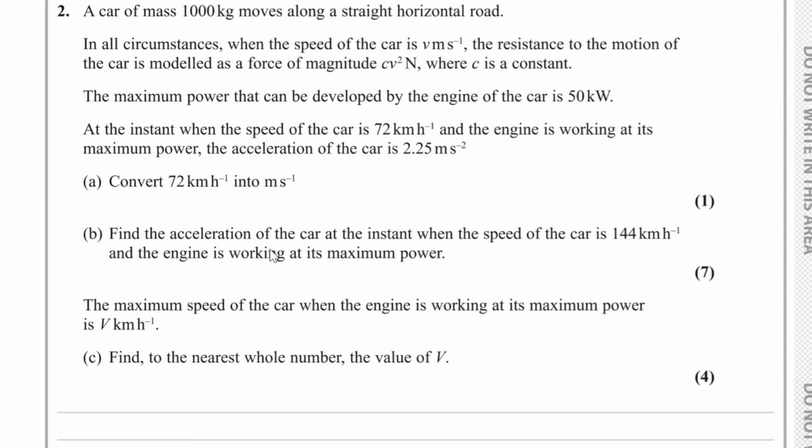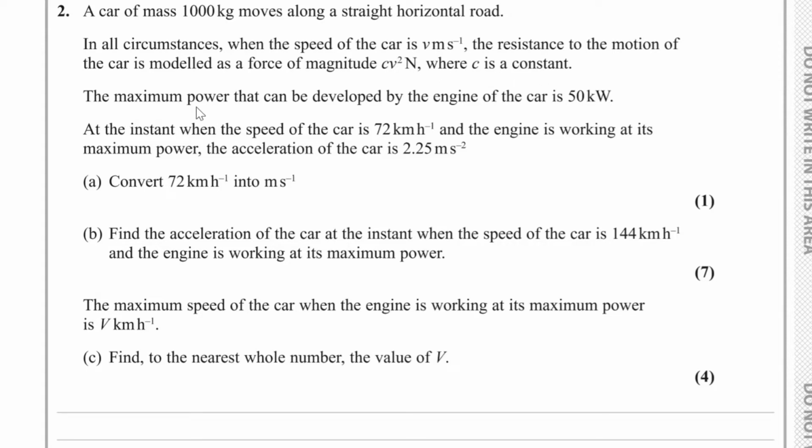Question number 2. A car of mass 1000 kilograms moves along a straight horizontal road. In all circumstances, when the speed of the car is v meters per second, the resistance to the motion of the car is modelled as a force of magnitude cv squared newtons, where c is a constant.